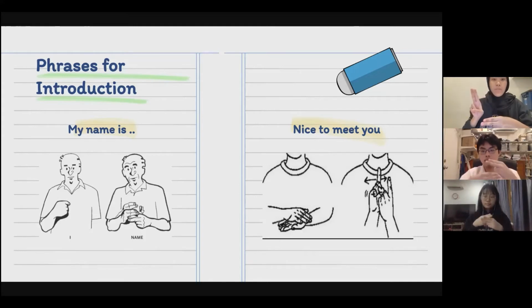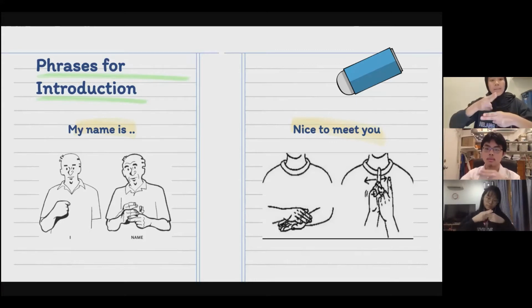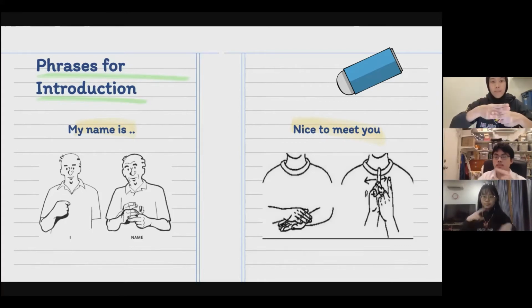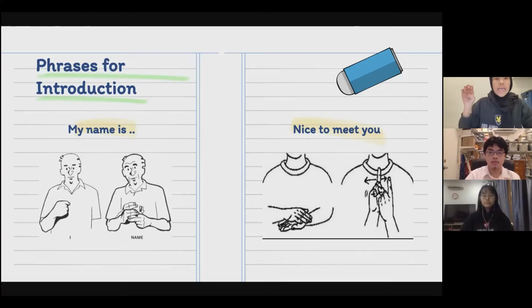Make sure your dominant finger is on top of your left hand. Name. And then you fingerspell your name. So in that case, my name is Alina.